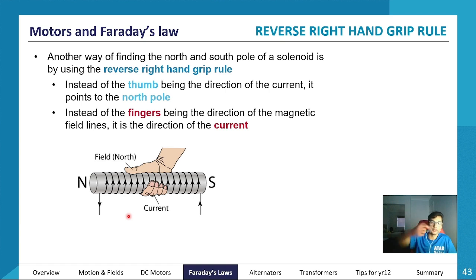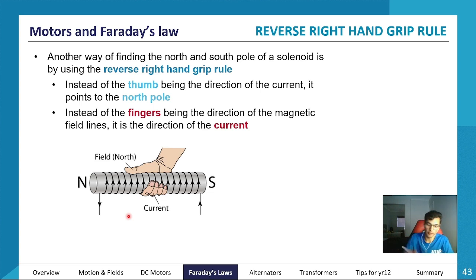The current is going upwards in the side that's towards us. So the fingers are coming like this, and then the thumb is pointing to the left-hand side. The direction in which the thumb is pointing is the direction of the north side, which is probably the easier way to figure out which side is north and which side is south.